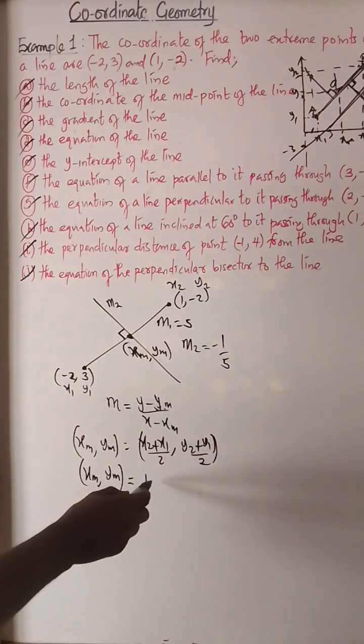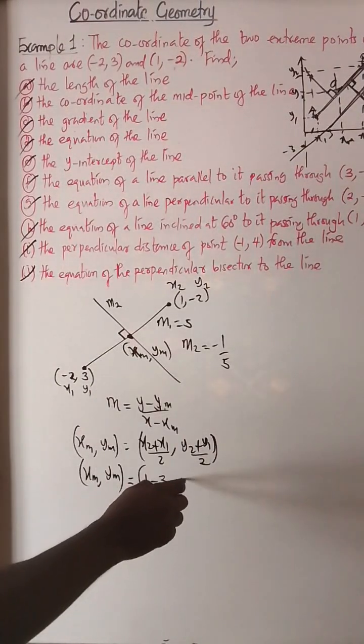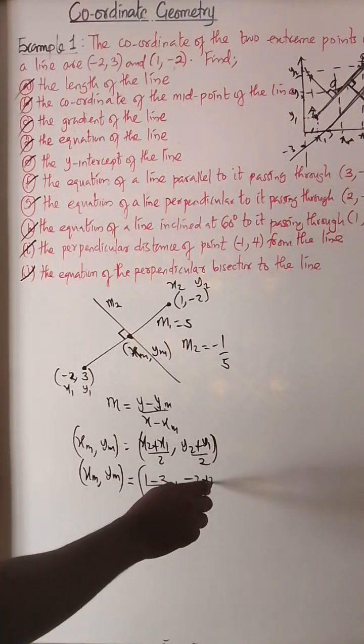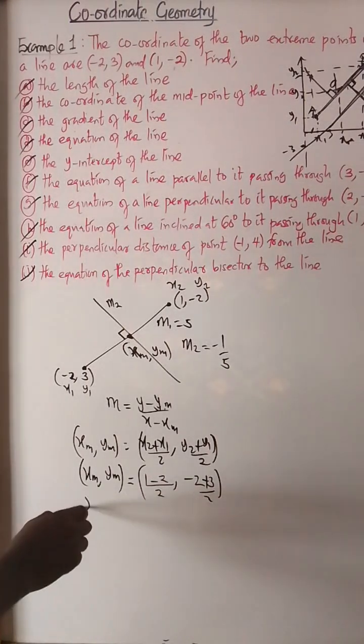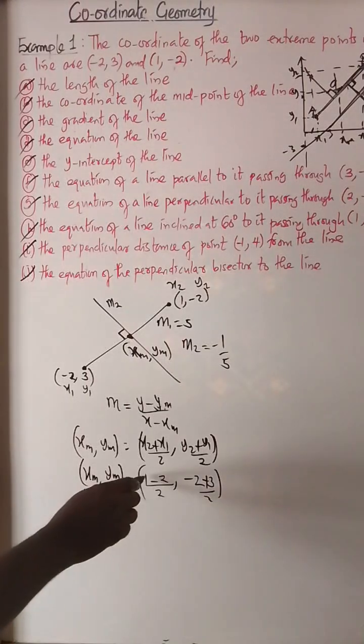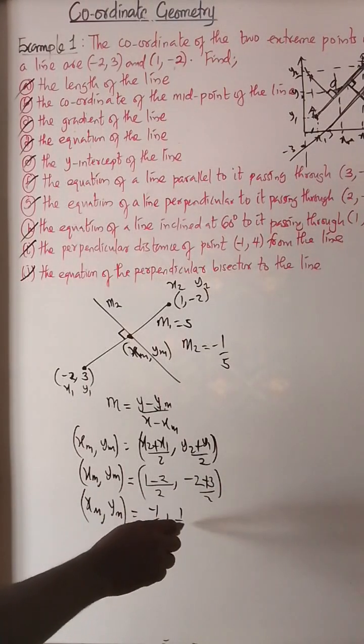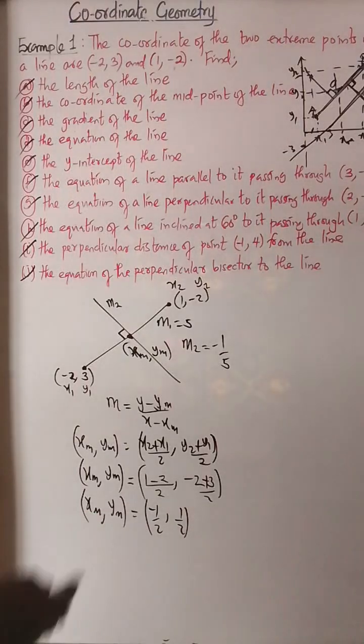What is x1? Minus 2. What is y2? y2 is minus 2. y1 is 3 over 2. So the coordinate of the midpoint is xm, ym equals 1 minus 2 over 2, minus 2 plus 3 over 2, that's what? 1 over 2.